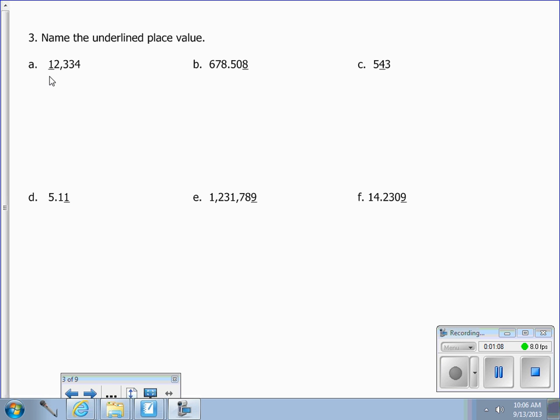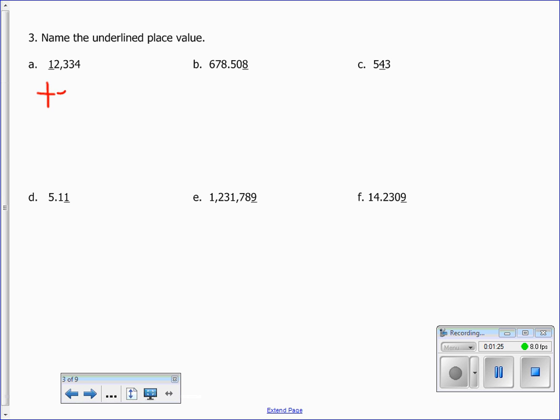So the number 1 in 3A is in the 10,000 place value. So if you are asked to name what place value the underlined digit is, you would write 10,000.